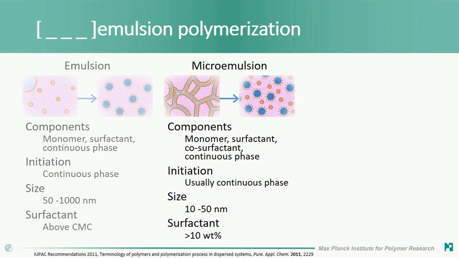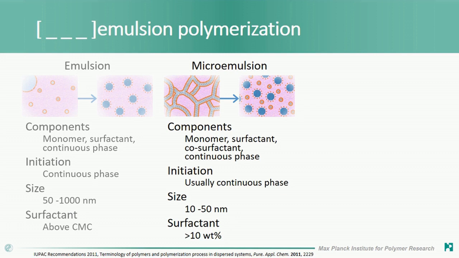At the beginning, we use a very high concentration of surfactant. When we increase the surfactant above a certain threshold, we don't have micelles anymore, but we have more liquid crystalline phases, and there's a network. Either it's very concentrated micelles that are almost touching, or we could also have a bicontinuous network of those liquid crystalline phases that contain the monomer.